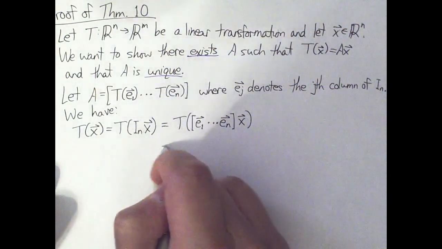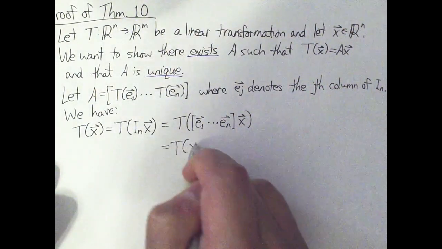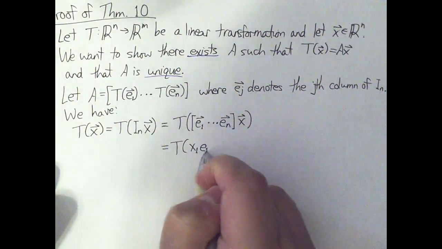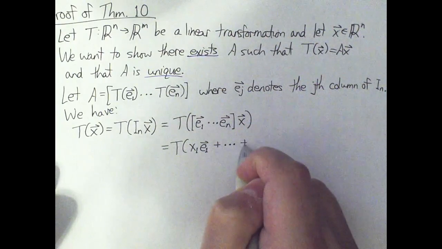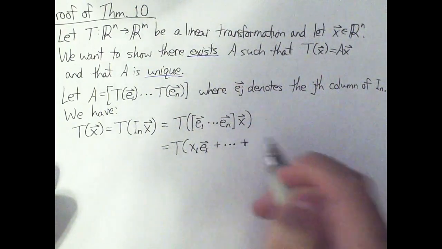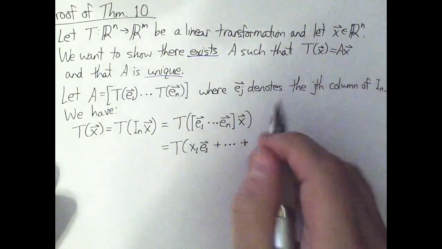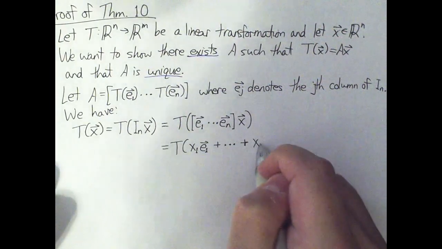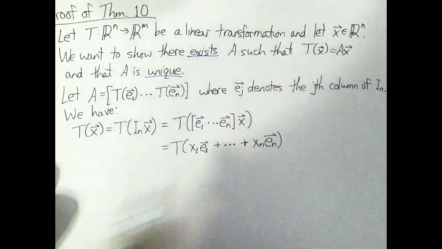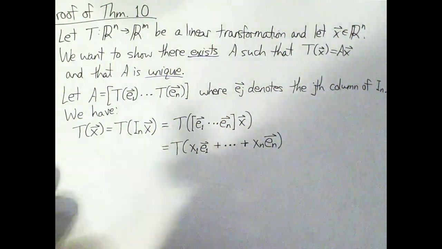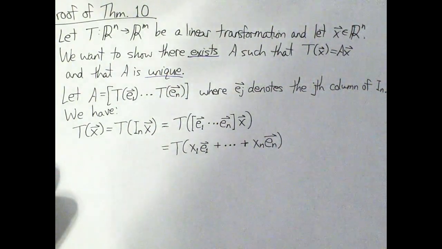So this is going to be T of x1 e1 plus ... We're not making any assumptions on how big this might be. N might be 10 for all we know. It could be larger. However big this is, we just wrote all of them.